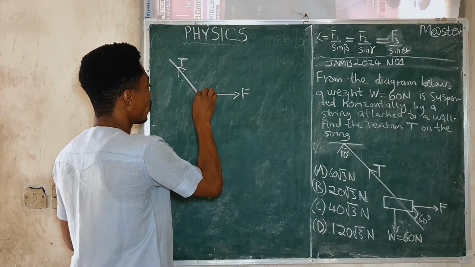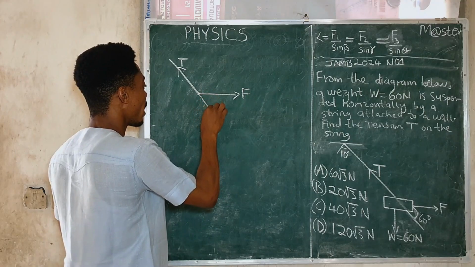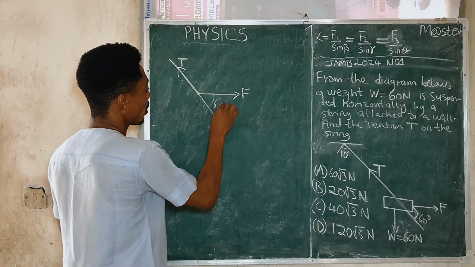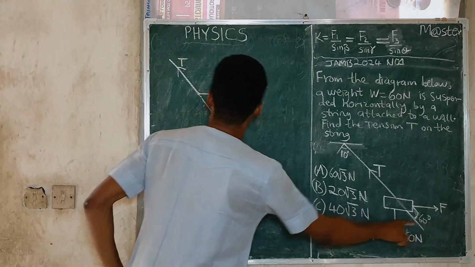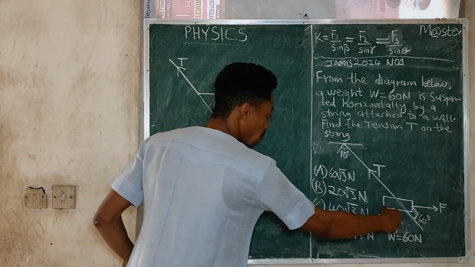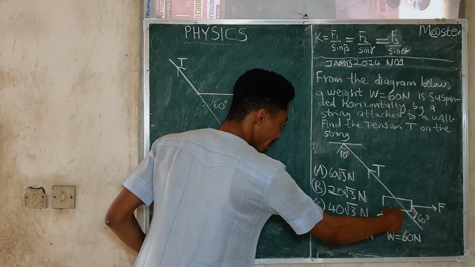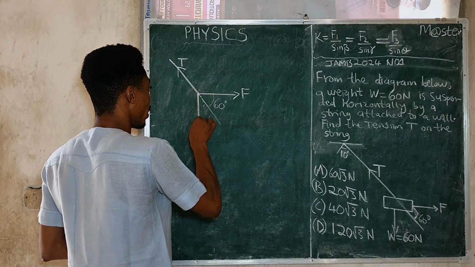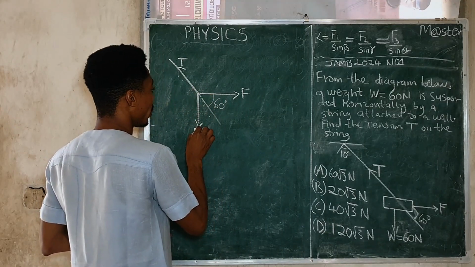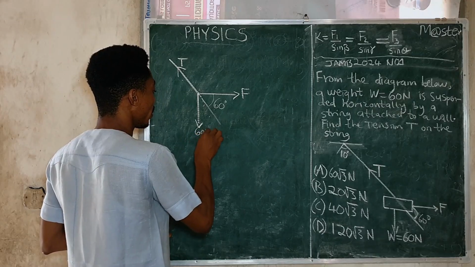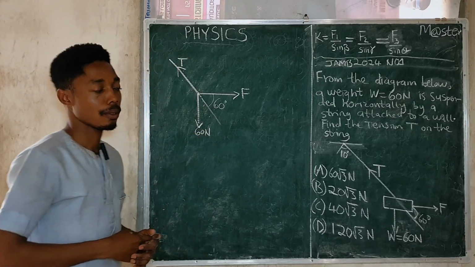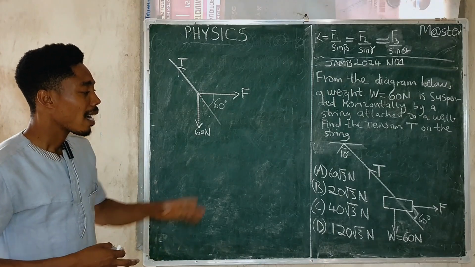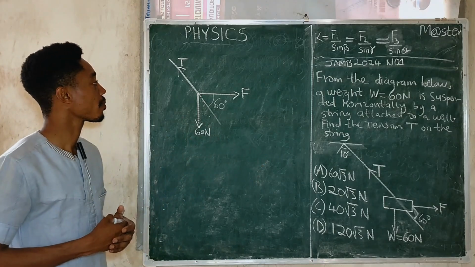And we have an extension here too, and this angle is 60 degrees, as you can see here. And also we have a weight acting vertically downwards, still from this same point, and that weight is given as 60 Newton. From there, we have just been able to sketch that.